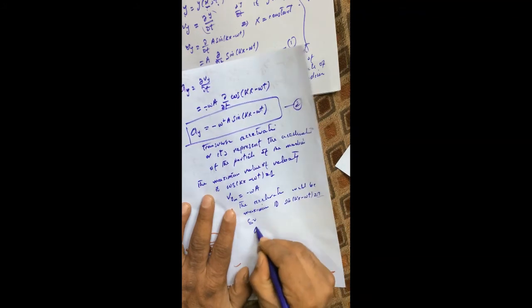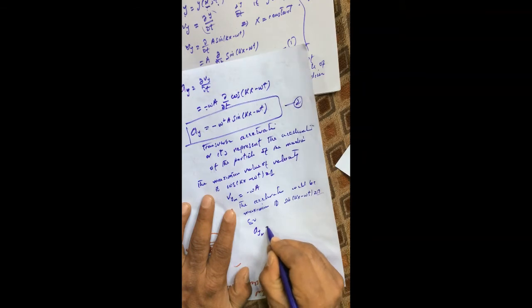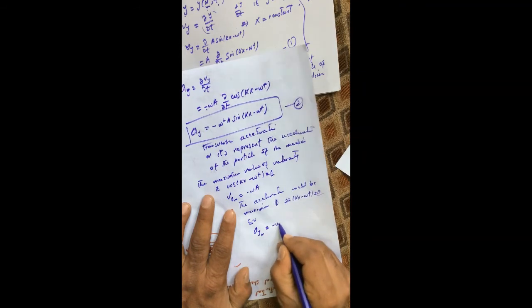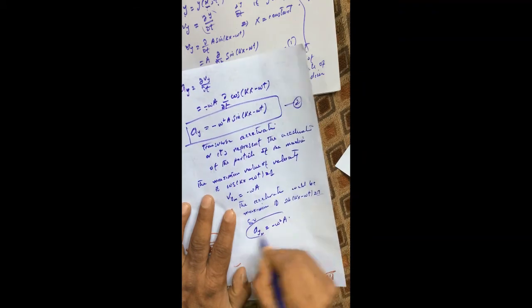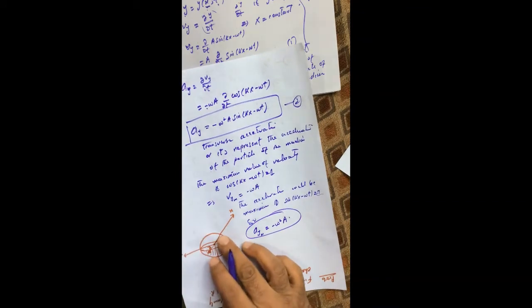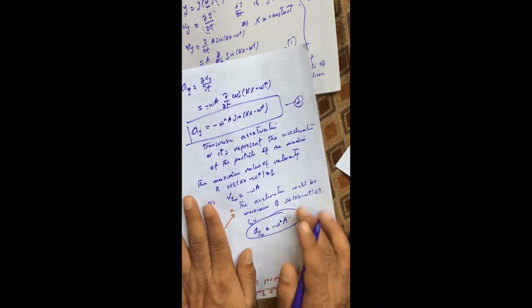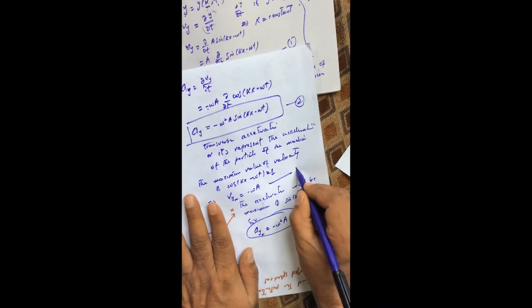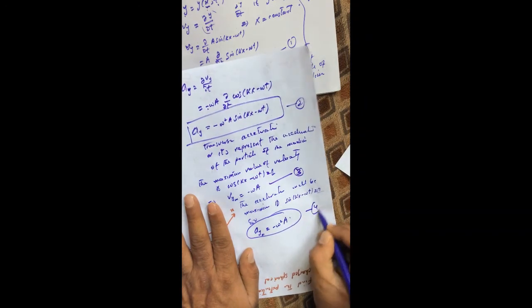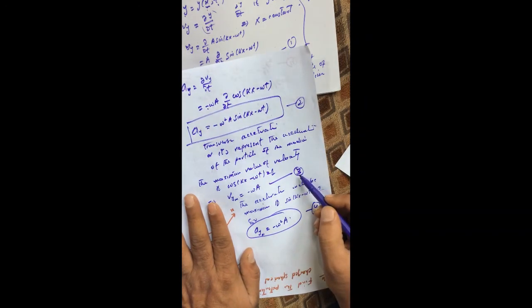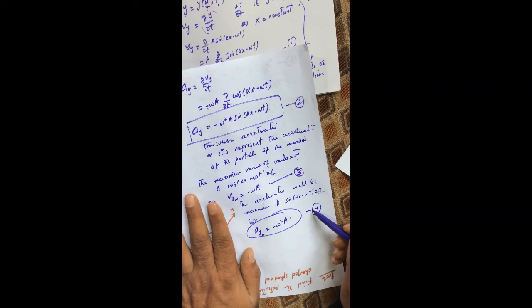So the maximum value of acceleration will be omega square a. These equations 3 and 4 represent the maximum velocity and maximum acceleration.